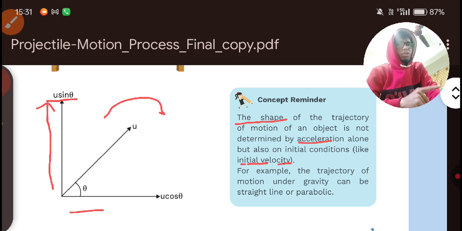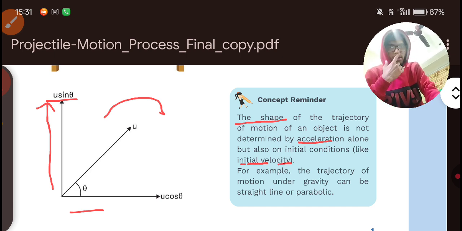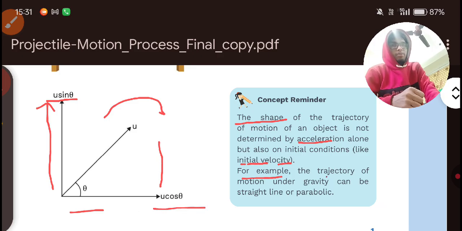For example, the trajectory of motion under gravity can be a straight line or parabolic. It can be straight like that, or it can be like that. But parabolic is a combination of this and this.